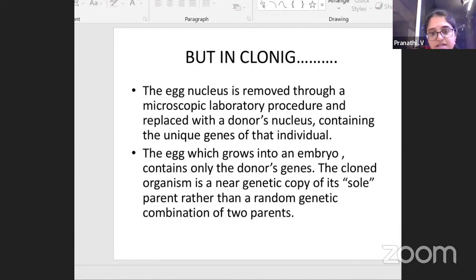And then this is implanted and grown. That is why you're going to get the clone of the donor.